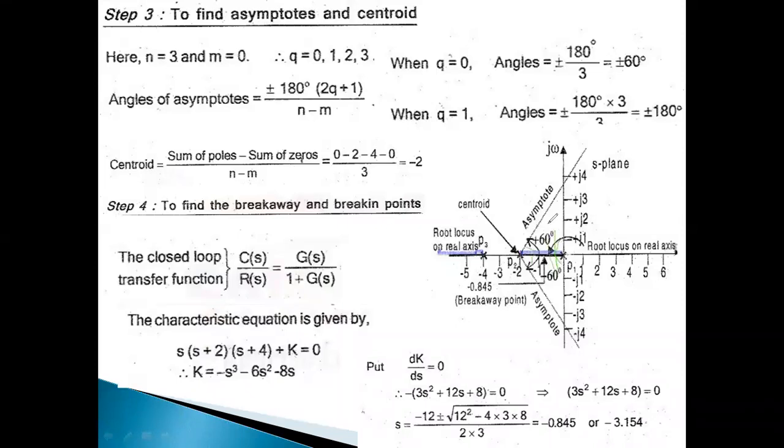So intersection takes place at this particular S value. Okay. Whereas if we observe, minus 3.15 is somewhere here. There are no root locus branches at this point, so we cannot consider this as a breakaway point. Okay. Is it clear?